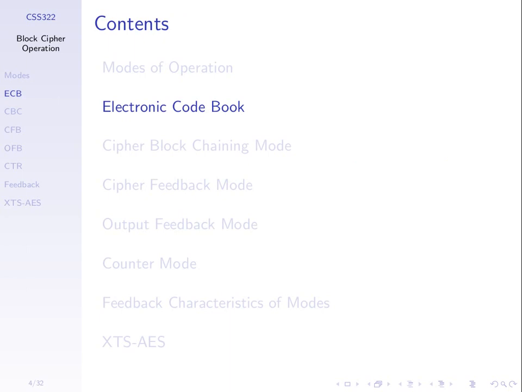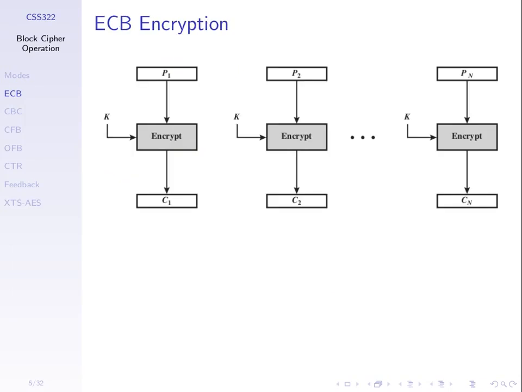ECB is short for electronic code book. The idea is you just look up the value in a book. And we saw a picture of similar. If we have plaintext input, we break it into n blocks, P1, P2, up to Pn. So that's our plaintext input. All we do is we use our cipher to encrypt each plaintext block, P1, using our key K, and we get the ciphertext C1 as output.